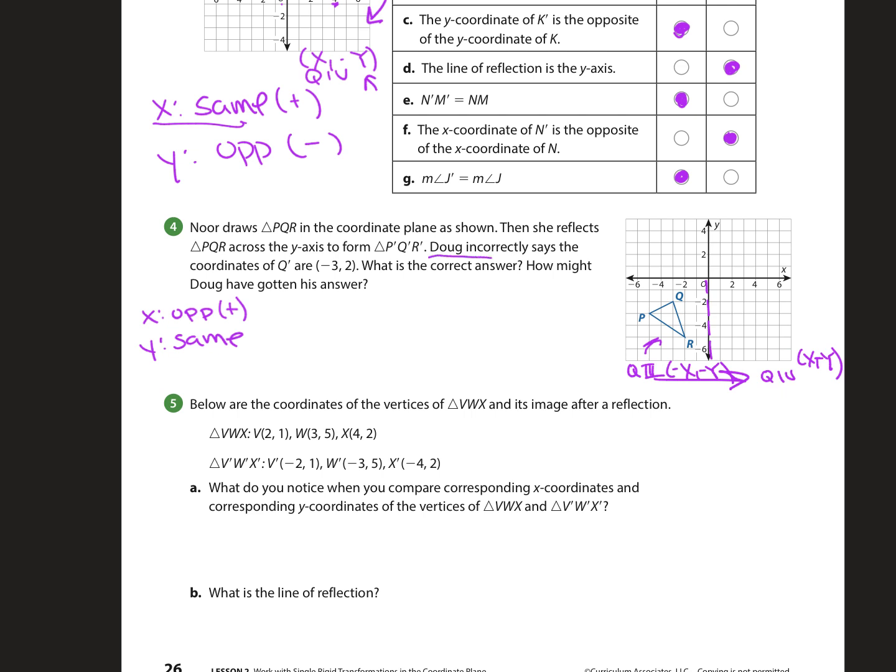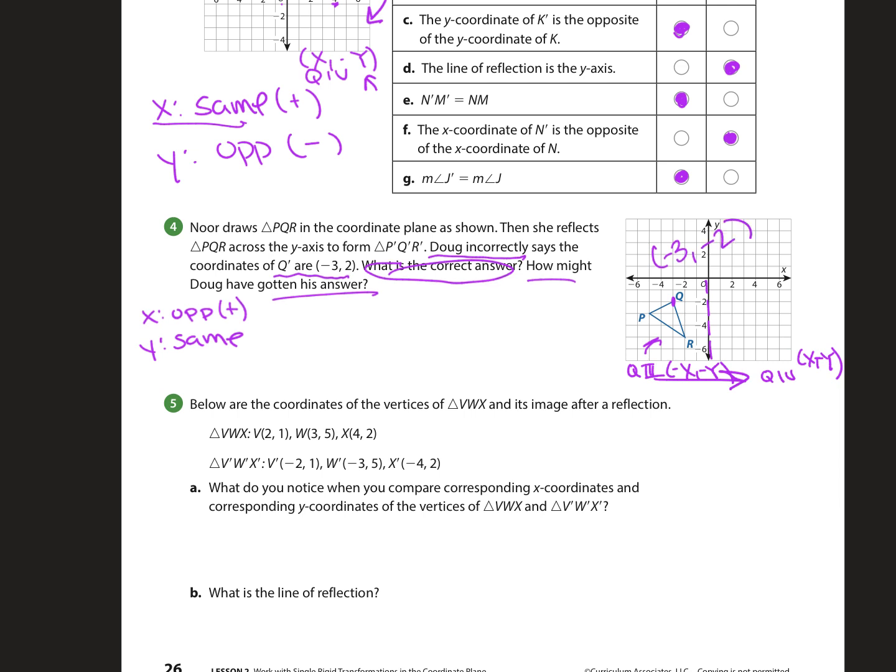Doug incorrectly says the coordinates of Q prime are negative 3, 2. What is the correct answer? And how might he have gotten his answer? Okay, so the correct answer for Q prime: Q is negative 3, negative 2.